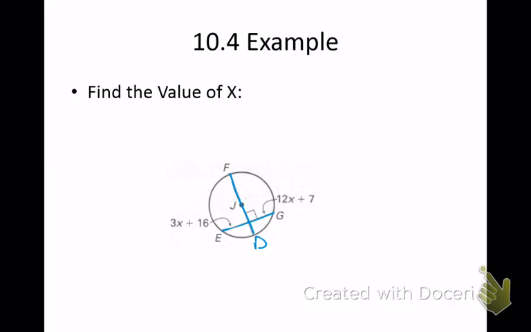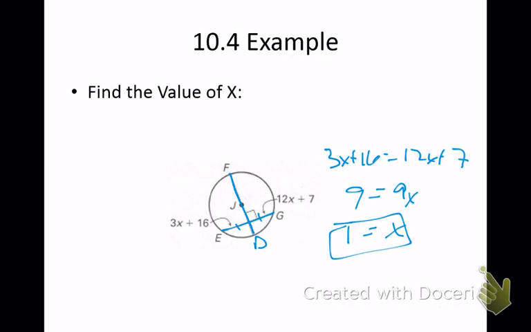So if we know that, then that tells us that chord EG has to be bisected, which means that we can take 3x plus 16 and set it equal to 12x plus 7 and solve this. And when we do, x ends up being 1. Okay?